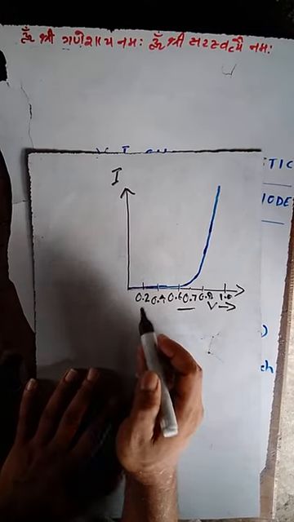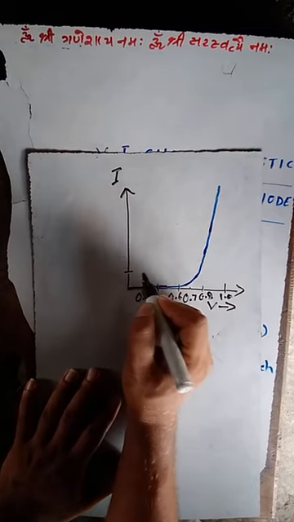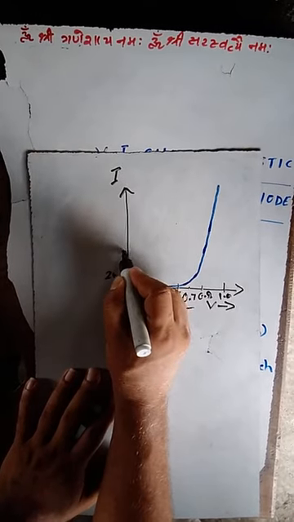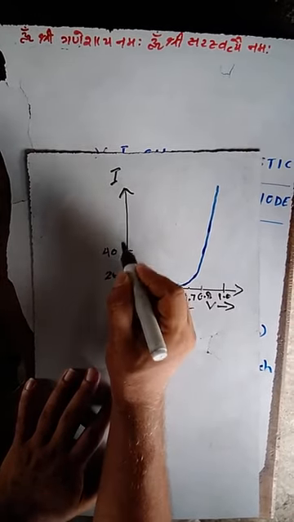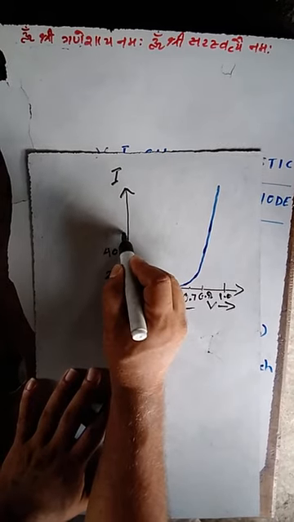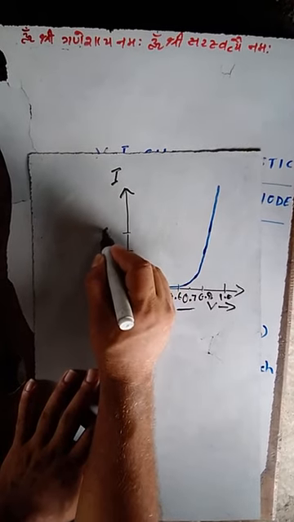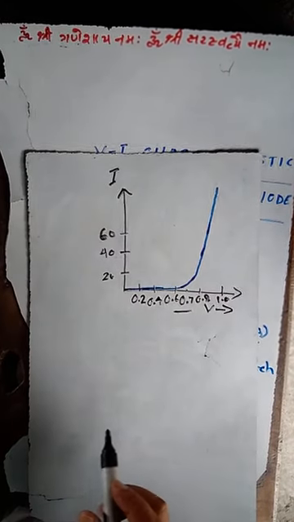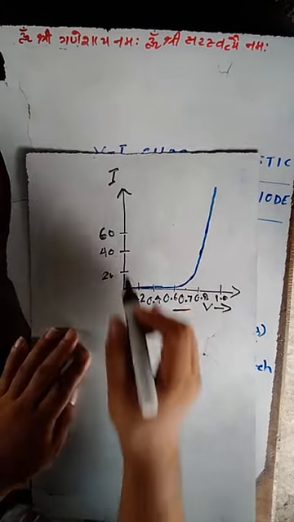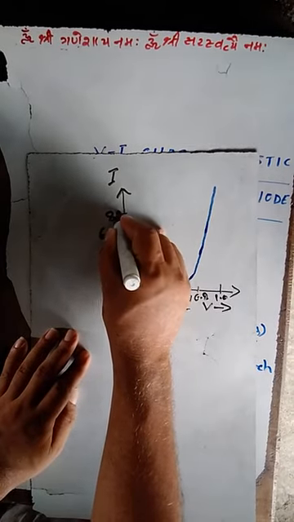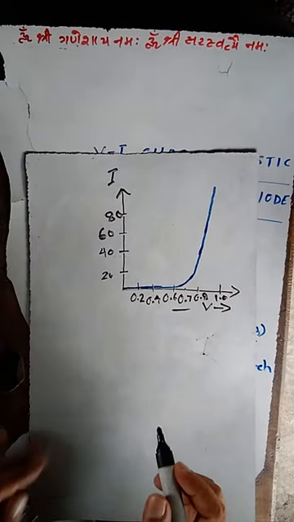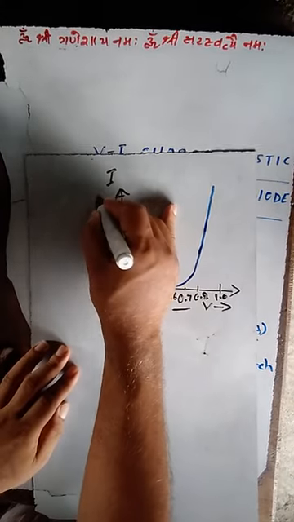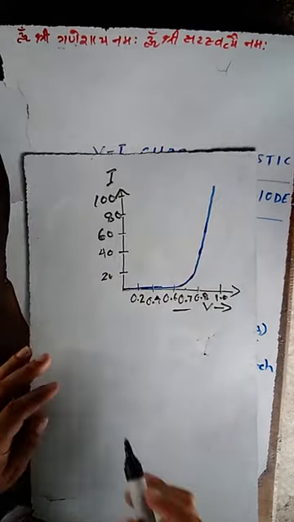Likewise, here we get current in milliampere. It's 20, 40, 60, and like this, and here 100 milliampere.